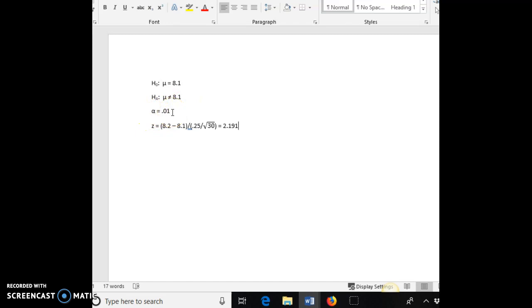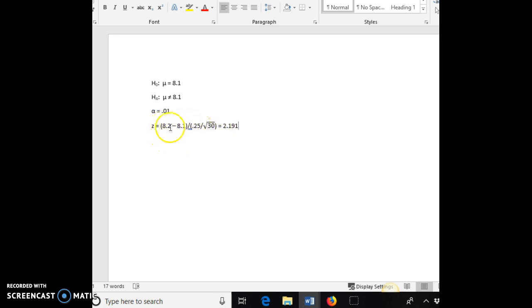Now you might recall in the last example, what we had to do next was to find our critical values, finding out what those z values were for both of our rejection regions. Well, with the observed significance method, we're not going to do that. We're going to go straight to finding our test statistic. We do our test statistic in exactly the same fashion that we did in the example before.